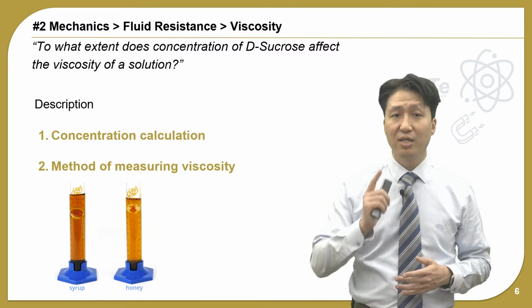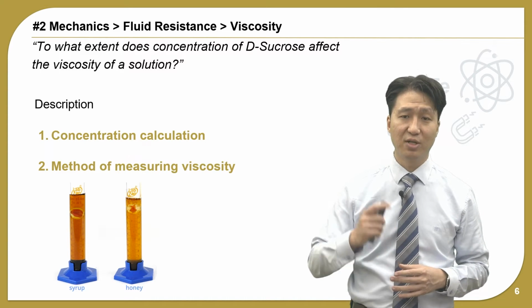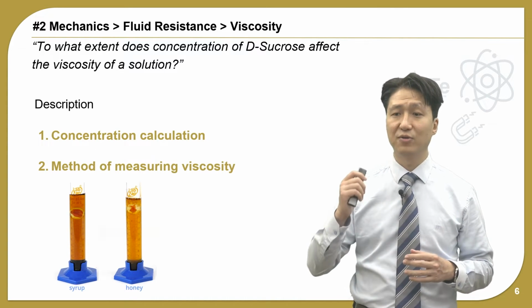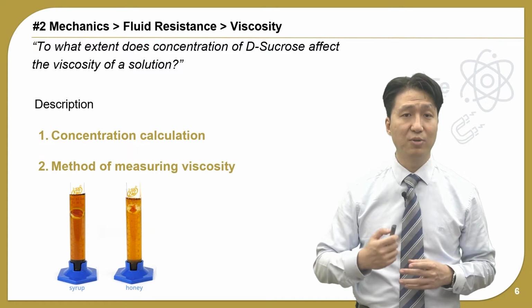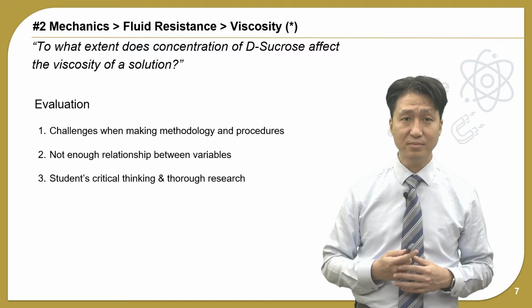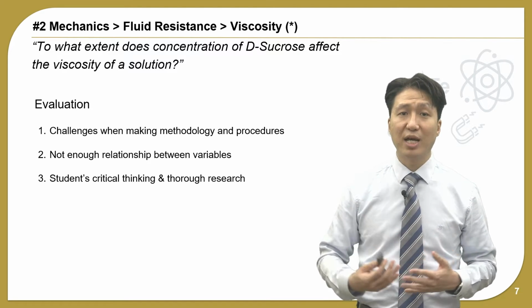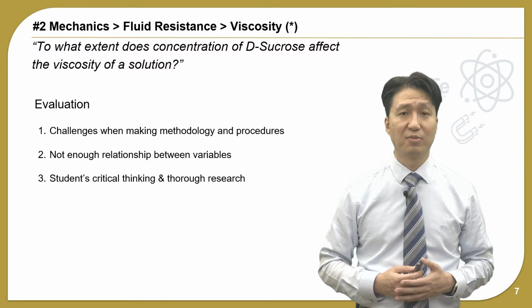But the method of measuring viscosity is very particular. You have to test it out. You have to research it in depth to be sure that you are measuring it correctly. So, what is evaluation? There are a lot of challenges when you try to do this experiment.